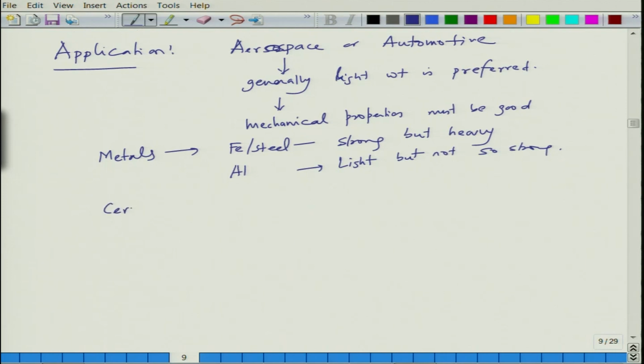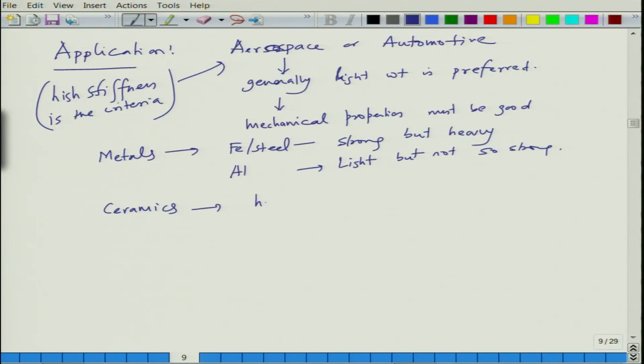If you look at ceramics, let us say our criterion is high stiffness for certain parts, especially in aerospace applications. Ceramics have high modulus but are brittle, they break very easily, with a little bit of shock they break.